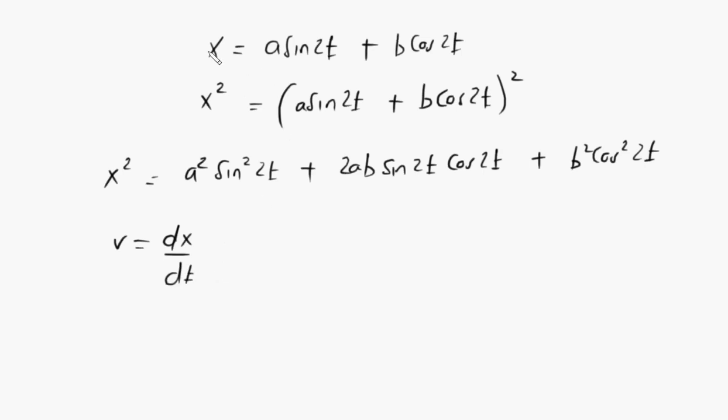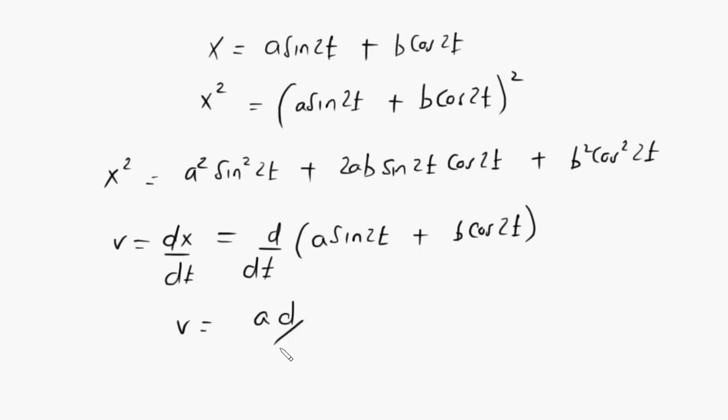So I just have to differentiate this one with respect to t. So my v now is just gonna be equal to a. So we are gonna differentiate sine 2t. Okay, a is constant, so you just unaitoa, and b I'm gonna differentiate cos 2t.